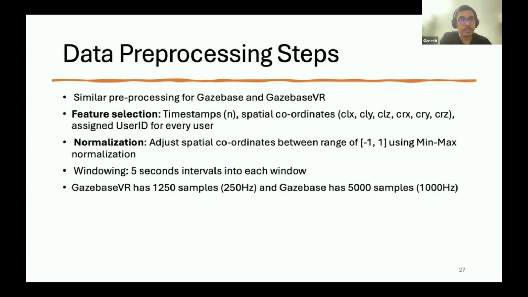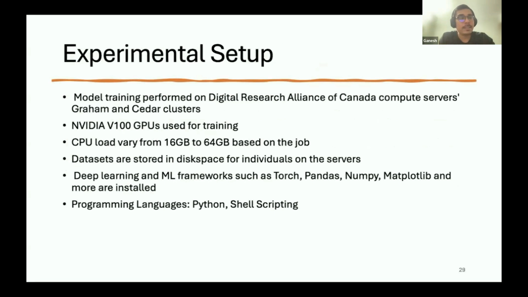Then we used a windowing size of 5 seconds, and then we trained the model. This training was performed on Compute Canada resources. As you can see, we used various CPUs and GPUs to train the models.